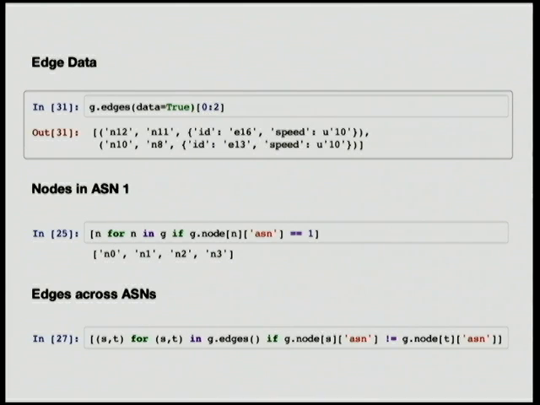We can easily get them in a list comprehension, just looking at all the edges where the ASN of the source node is not the same as the ASN of the destination node. And we could, of course, with list comprehensions, build these up into quite powerful and complicated queries, or apply a function to the edges to filter, and that becomes really quite powerful.